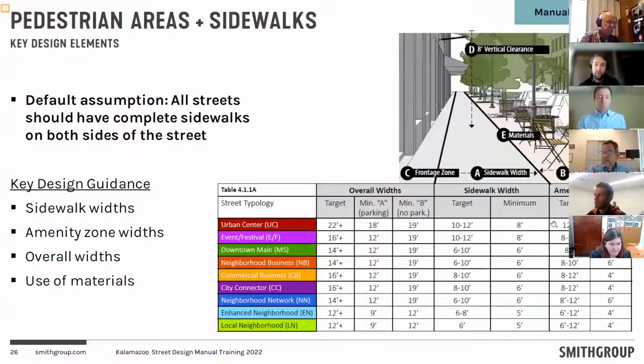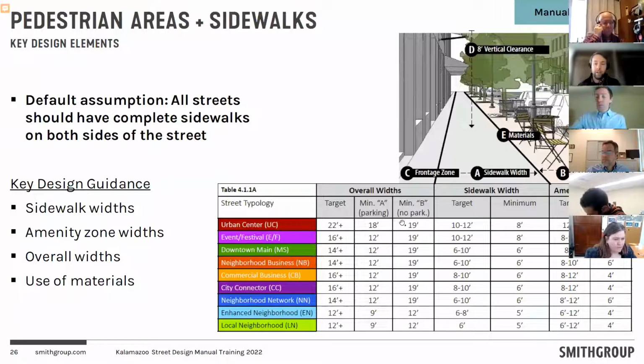And then it also helps identify some overall target widths for that combined sidewalk and amenity zone area. And that also relates to whether you have parking or a curbside lane use on the street or not.